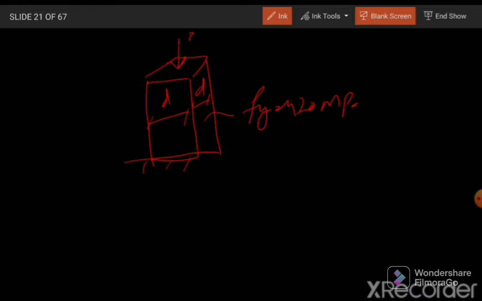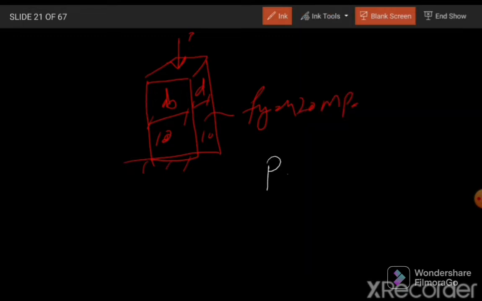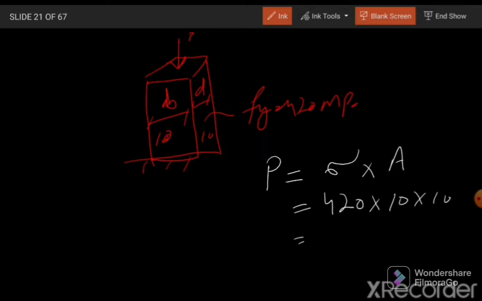For example, this B as well as D is 10 millimeter and 10 millimeter. So P will be equal to sigma into area, or stress into area. Stress here is 420 and area is 10 by 10.